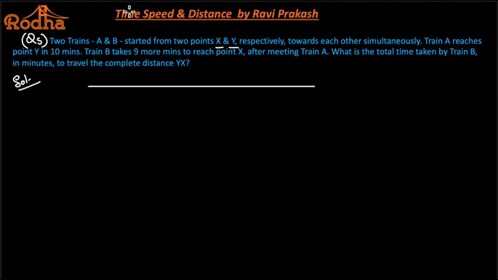So let's say these are the 2 points here, X and Y. है ना, 2 पॉइंट यहाँ पे X and Y दिया हुआ है, right? Now let's say they started from point X and Y towards each other. So let's say from this point the first train has started, train A and train B. Okay, so train A has started from X and train B has started from Y.